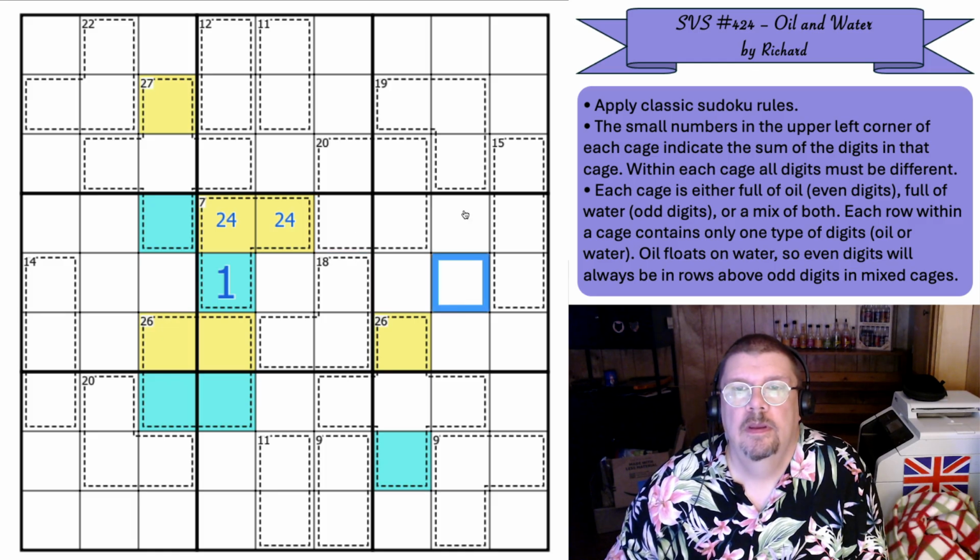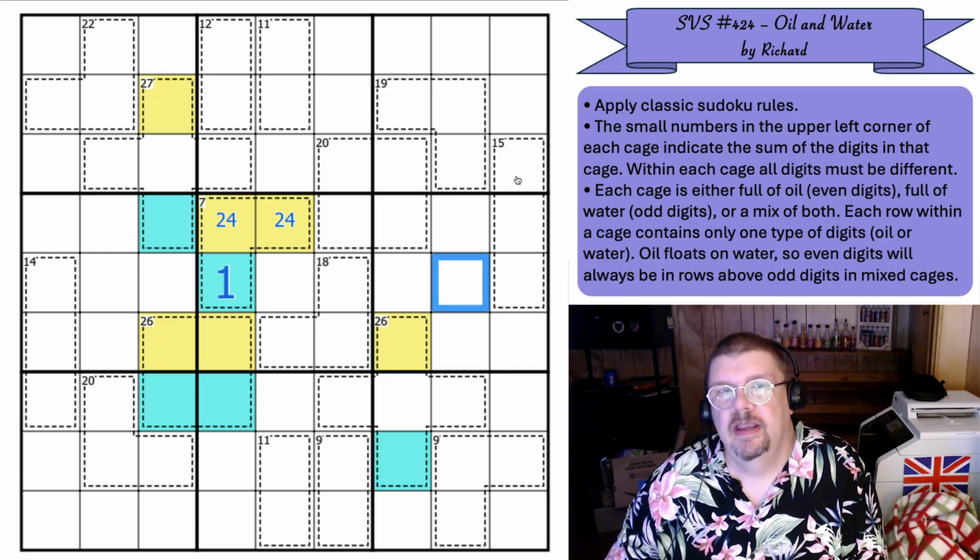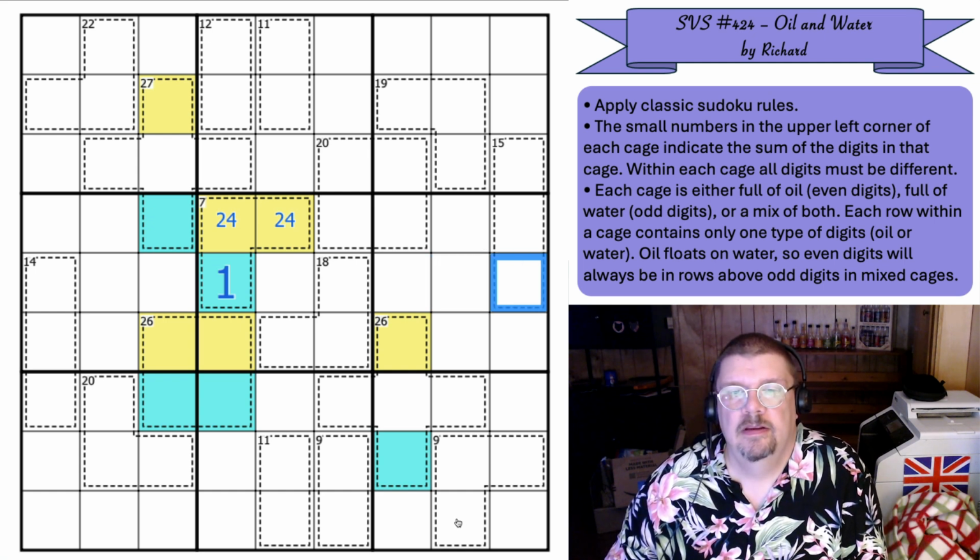All right, a 3-cell odd cage must have at least one odd in it. It either has 1 odd or 3 odds. So in fact, any cage that is odd has at least one odd digit in it, and we know that the odd digits start filling from the bottom.